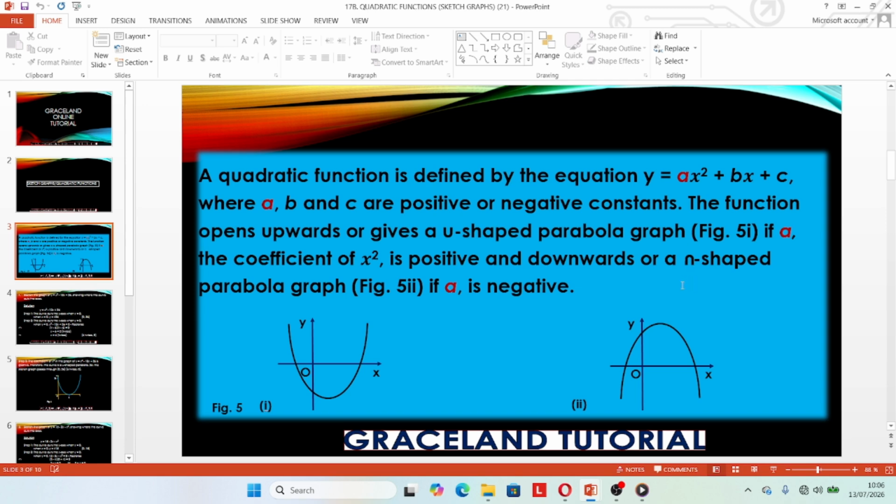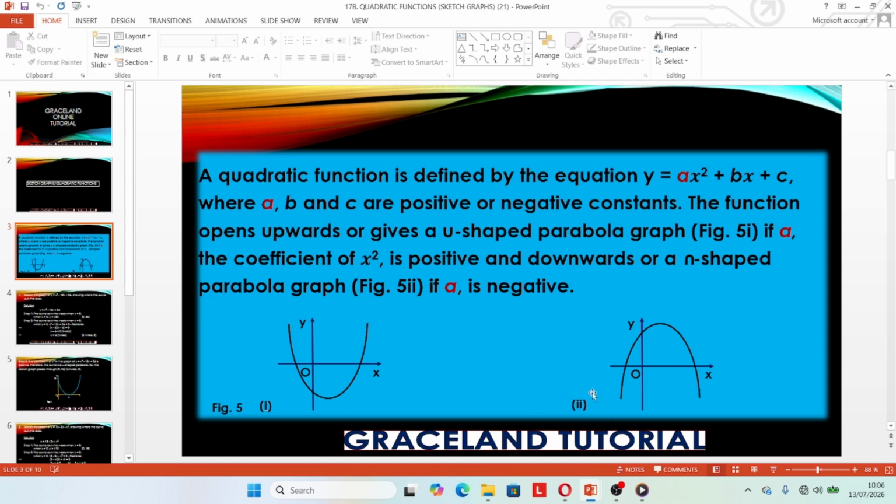Having said that, let's look at the graphs in figure 5, Roman figure 1 and Roman figure 2. In Roman figure 1, we have a U-shaped parabola graph. It means that a is positive for us to have a U-shaped parabola graph.